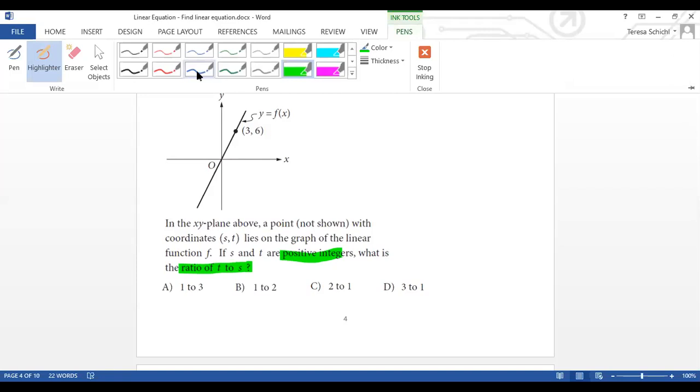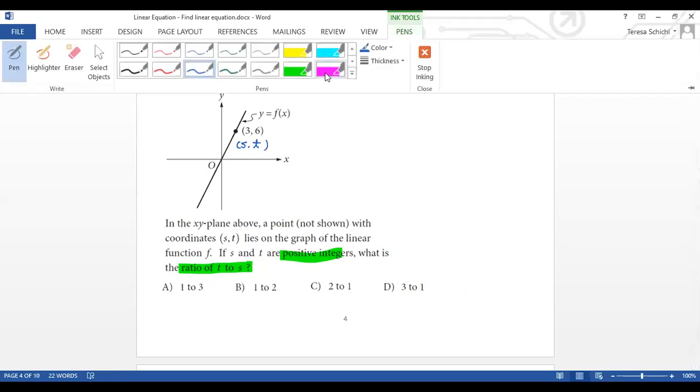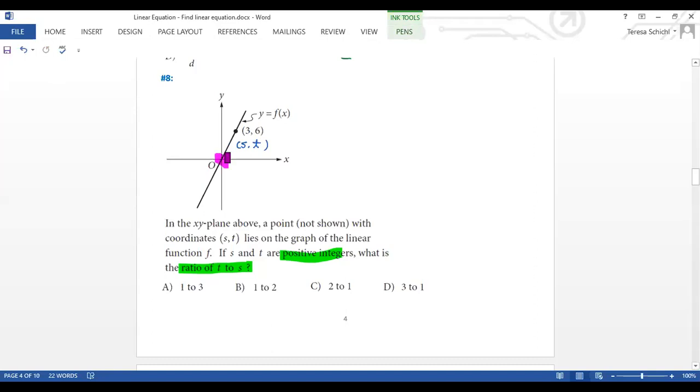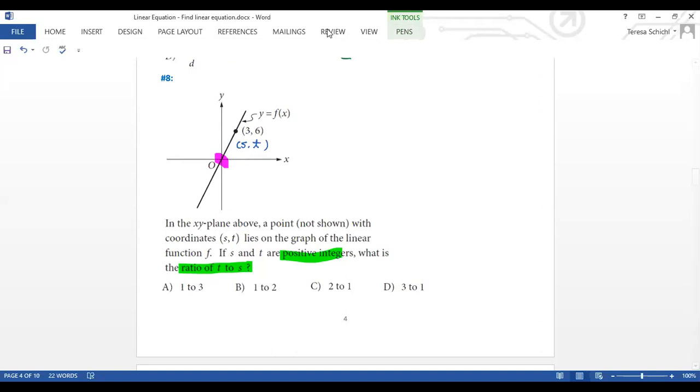Basically they tell you, if I have another point here, this is the point (s, t), correct? Now you also notice this line passes through the origin. What is the origin? The origin is (0, 0).